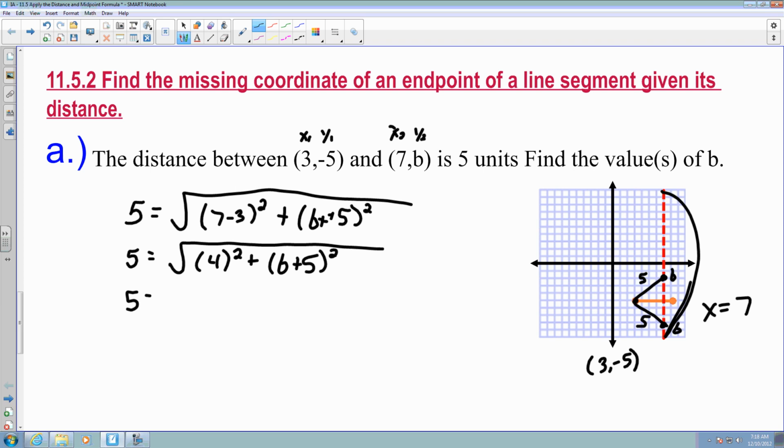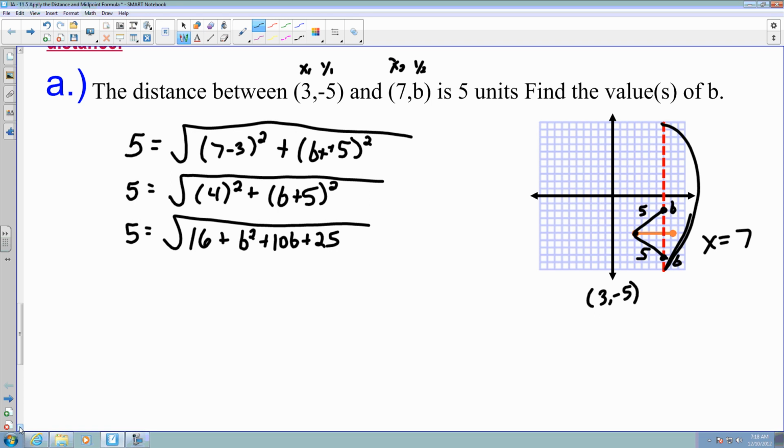So now we have 5 equals, we got 4 squared, which is 16, plus, now we have to factor out our (b plus 5), which is b squared plus 10b plus 25. Okay? So if we simplify this more, we got 5 equals square root of b squared plus 10b plus 41, because I'm just combining this and this.